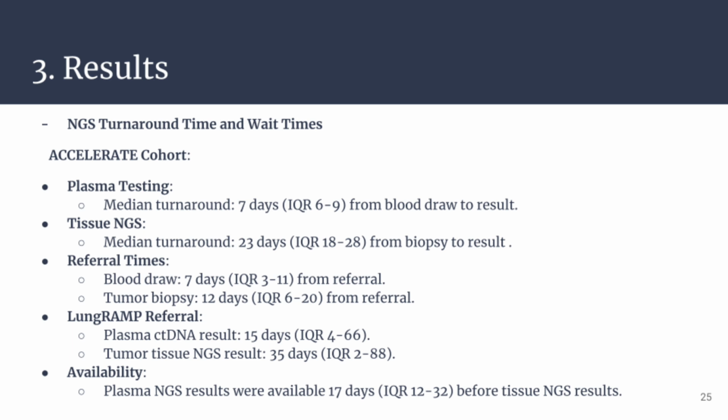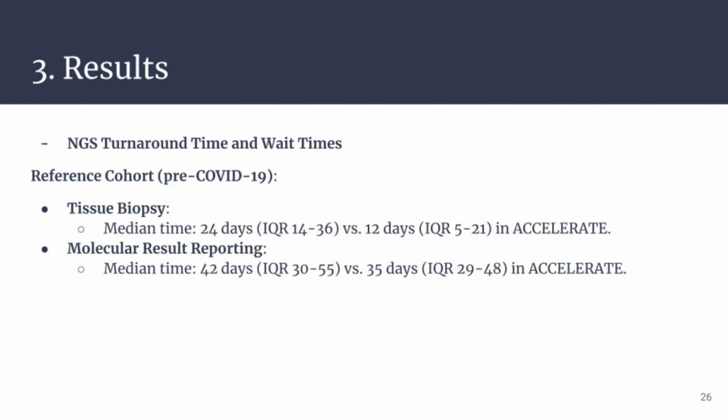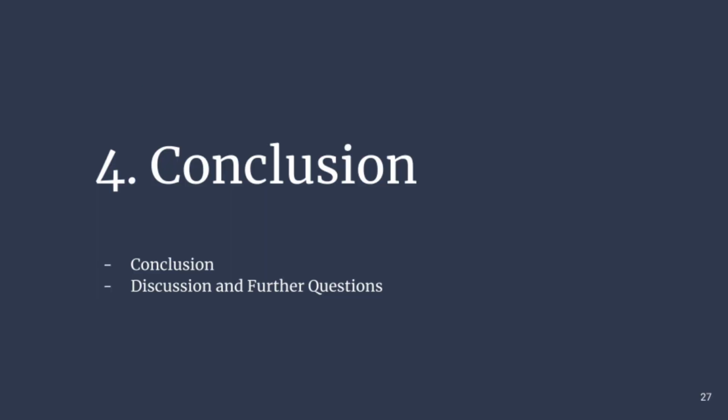Plasma NGS results were available 17 days before tissue NGS results. In the reference cohort, the median time to tissue biopsy was longer at 24 days, compared to 12 days in the accelerated cohort. The median time from referral to molecular result reporting was 42 days in the reference cohort, slightly longer than the 35 days in the accelerated cohort.